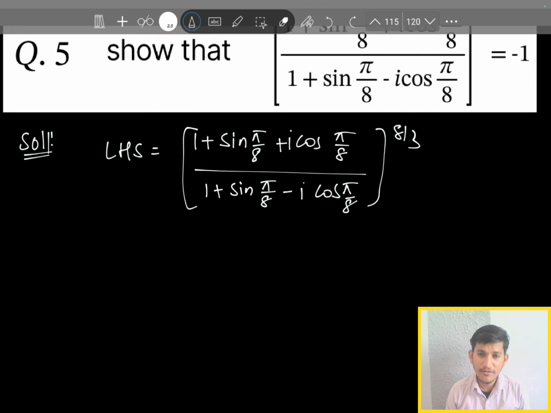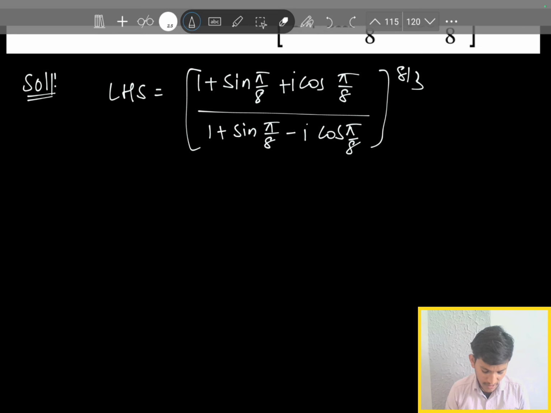So we try to write this question in different parts. Let me mention the numerator. The numerator will be equal to 1 + sin(5π/8) + i cos(5π/8).